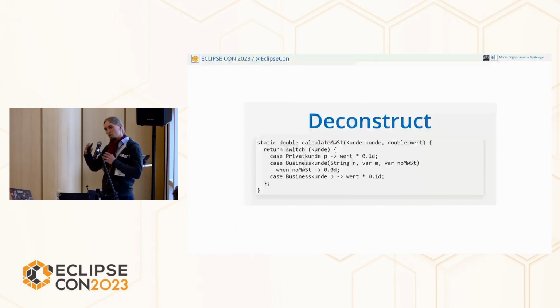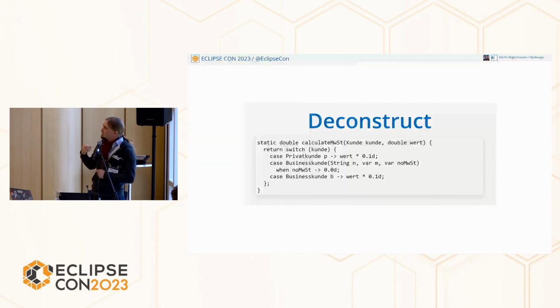Deconstruction is the exact opposite of construction, and therefore looks very similar to a constructor, but there's no new, and types are defined. Deconstruction is the step of, I have this object, but I don't want this object in this instance. I don't work with this instance directly, I just work with parts of this instance.